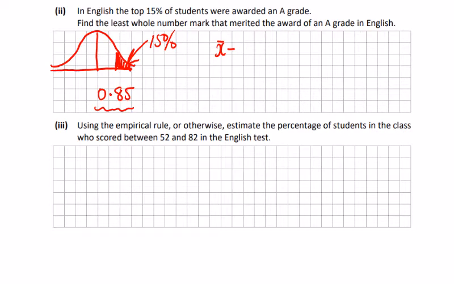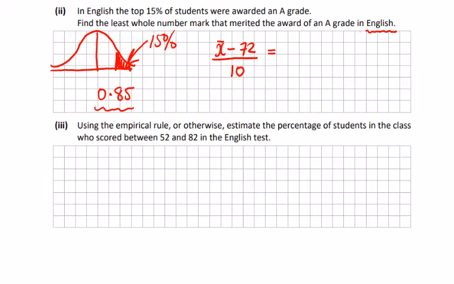Just be careful, we're dealing in English. So the average in English was 72, and we divide by your standard deviation, which was 10 in English. That has to be equal to my Z-score for 85%. 0.8849 is 1.2, but we're looking for 85, not 89.